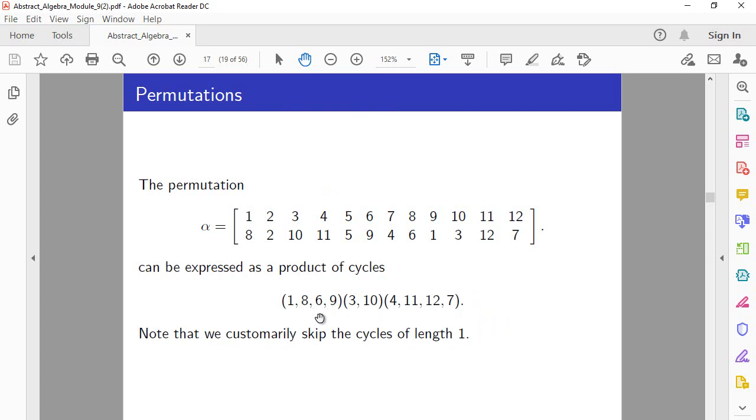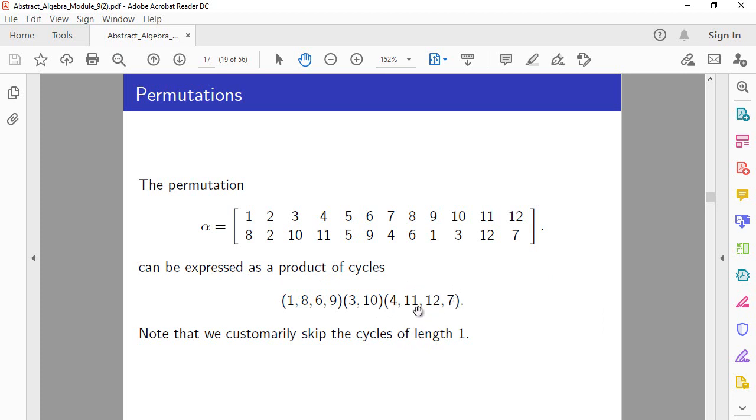You can check that if you take the composition of these 3 permutations, you will end up with alpha. So let me check one of them. Let's say what is this doing to 1? Well, 1 doesn't appear in this cycle, so 1 is fixed. 1 goes to 1. What is this one doing to 1 then?